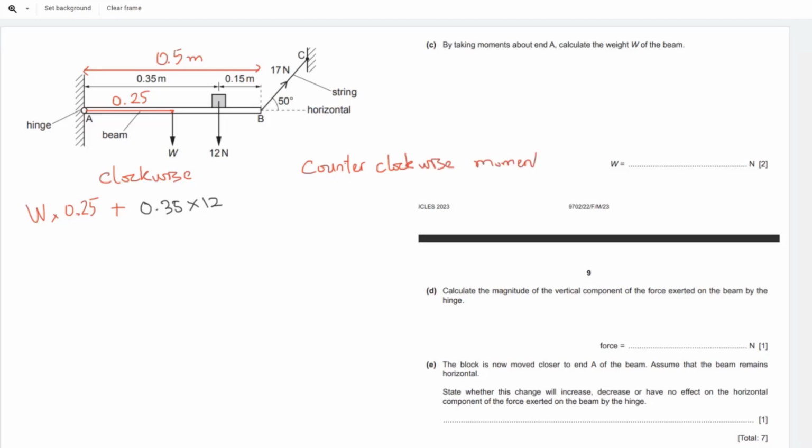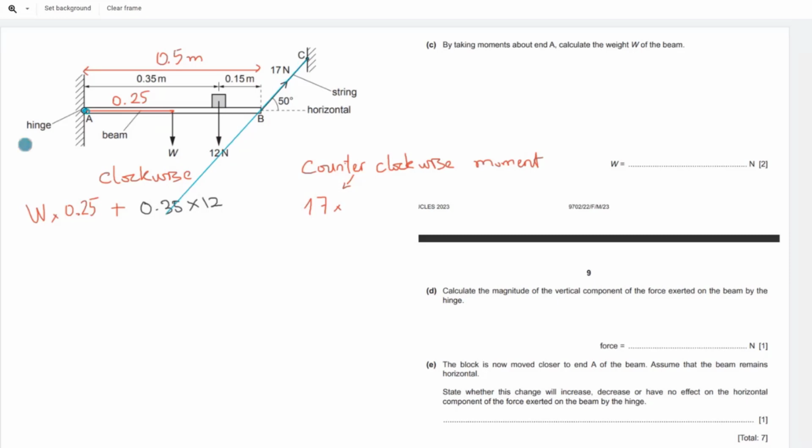And that counterclockwise moment of the tension is 17 times the perpendicular distance. From A, you need to draw a distance that is perpendicular to the line of action of the force 17 Newton.